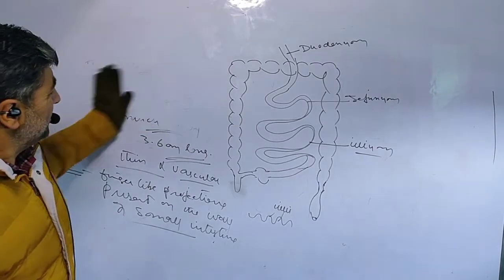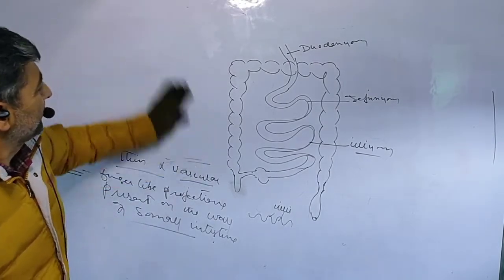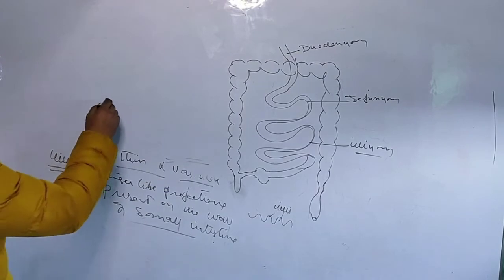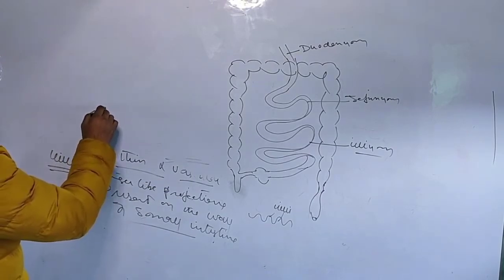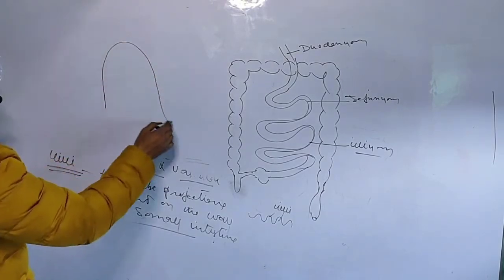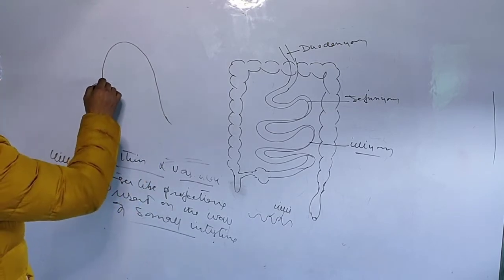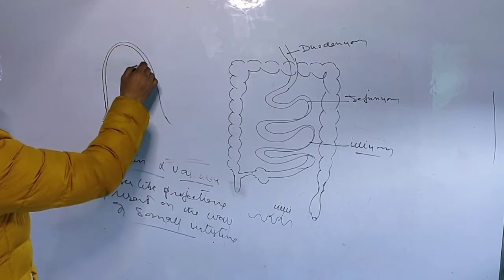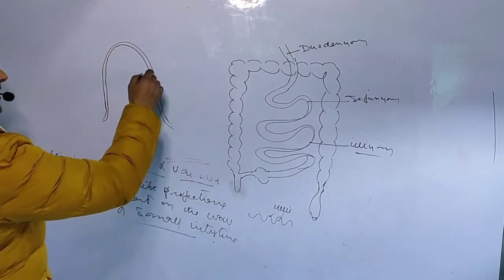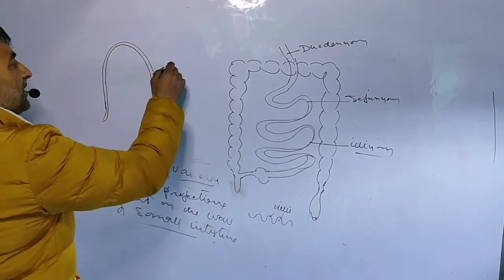So what is the structure of this villus? Suppose we draw the diagram of a villus here, this is one villus. Each villus is lined by epithelium.